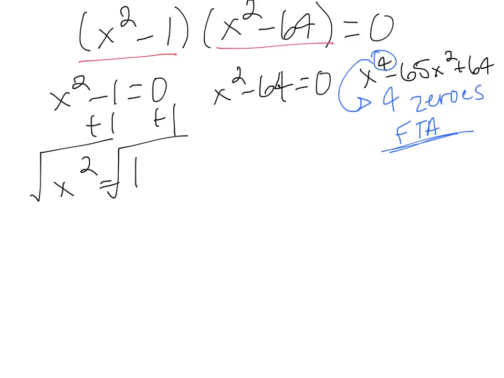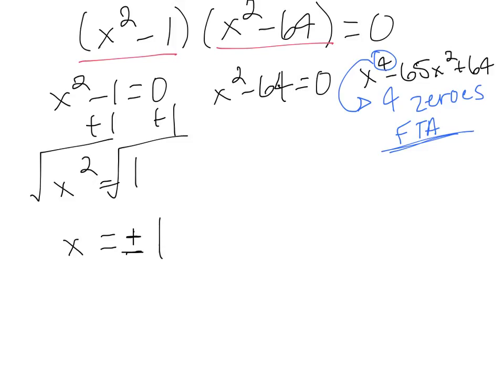I end up with x equals 1. Now here's a trap answer. Don't forget that it's actually plus or minus 1, because if I take negative 1 squared, that also is 1, just as 1 squared is 1. The tendency is just to think, oh, it's only positive 1.